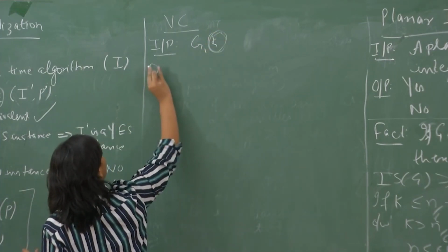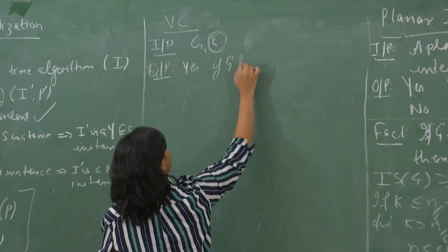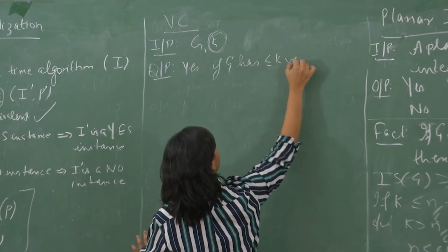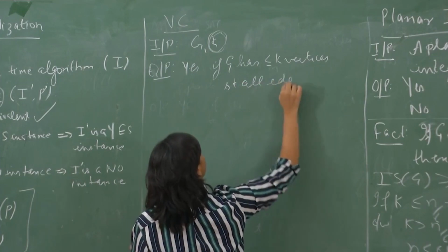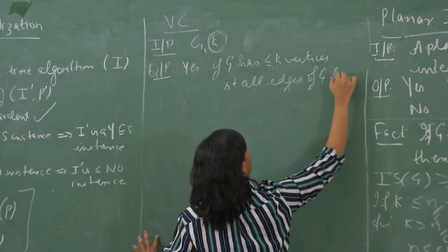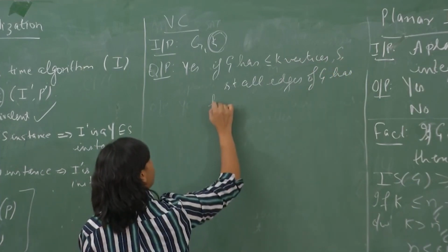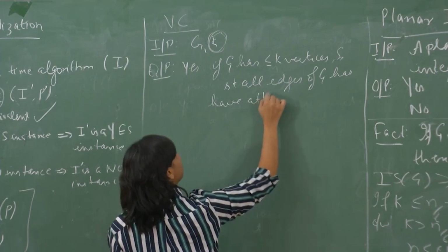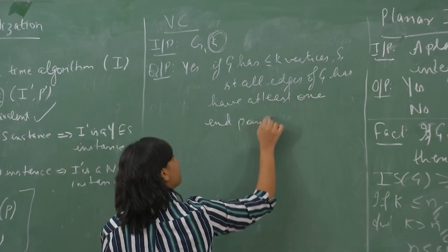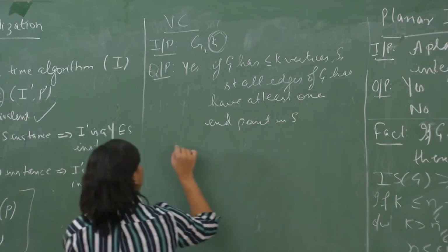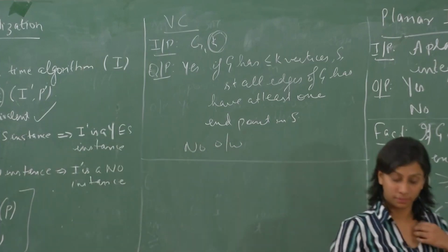The output is yes if G has at most k vertices, let's say a set S, such that all edges of G have at least one endpoint in S, and no otherwise.